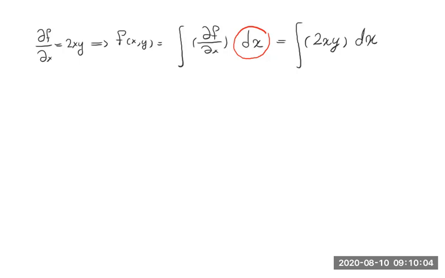Now, just like taking derivatives, when we have different variables and we are taking the derivative with respect to one of them, we assume the other variables are just constant numbers. That's exactly the case here. When I'm taking the integral with respect to x, I assume other variables are constant numbers.